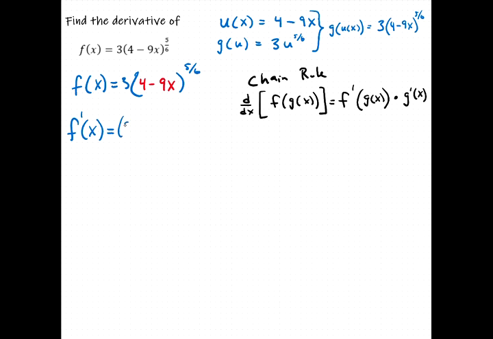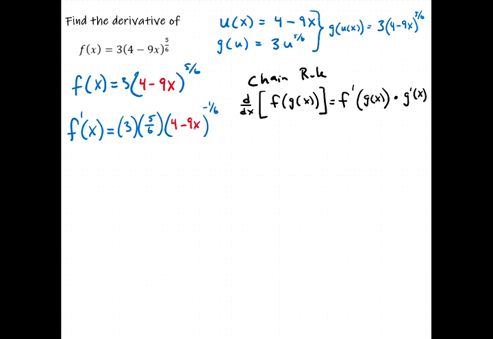So we'll have a 3 that's there. The power of 5/6 comes out front. Decreases by 1. So it'll be negative 1 over 6. Inner function stays the same. So that's the 4 minus 9x.